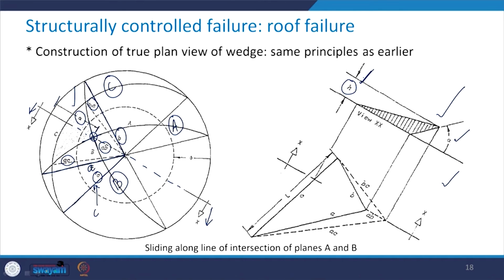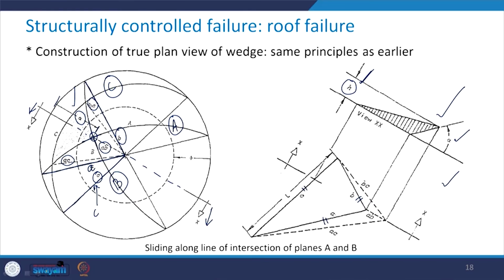All the principles are the same, like the strike lines are going to be the traces here, like A, B and C. You can see that this line A is parallel to this one, this B is parallel to this line B, and similarly this C is parallel to this line here. So, exactly those same principles need to be followed in this case as well.